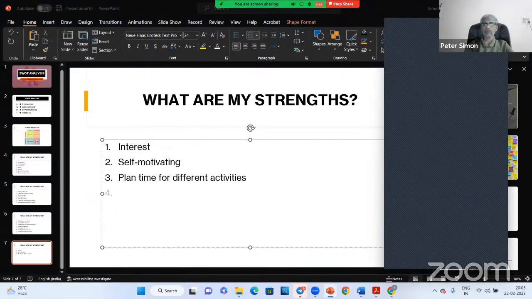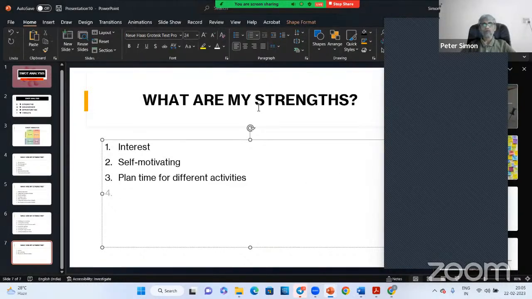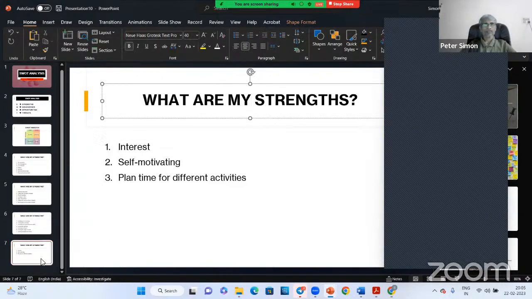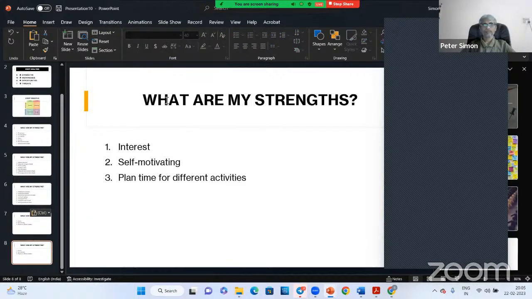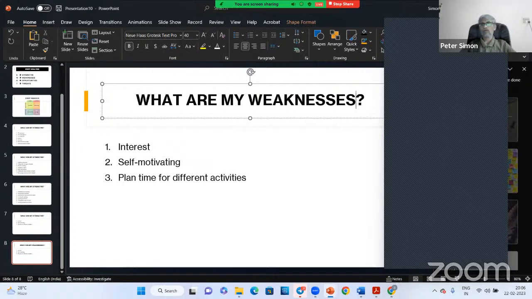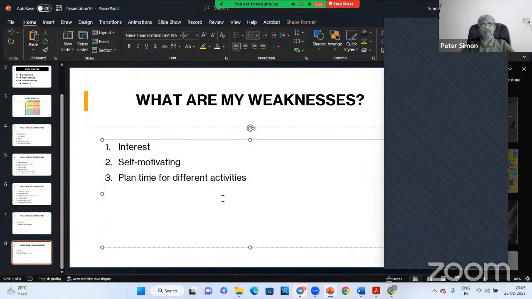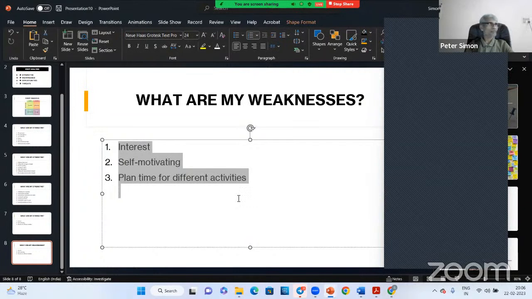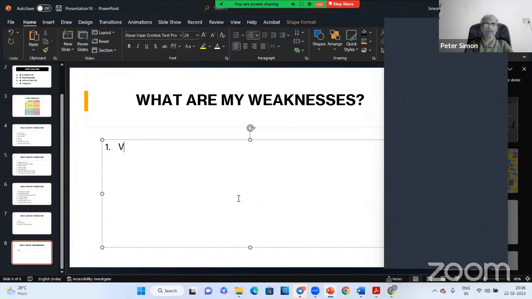Now we go to the second component, weaknesses. What are my weaknesses? Now, you may be lacking in some areas. Very busy, or you can say hectic duties.